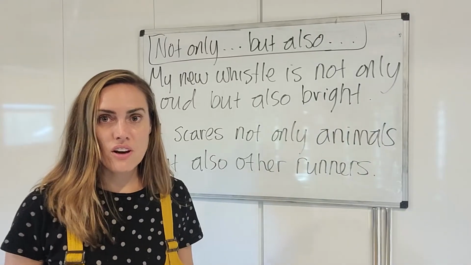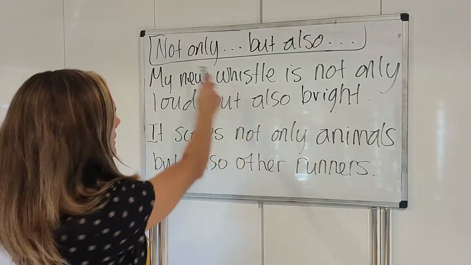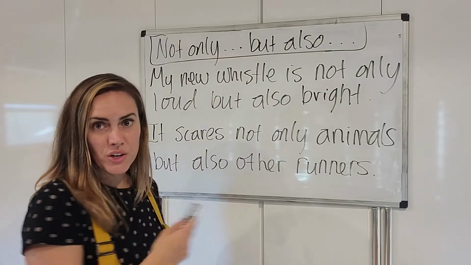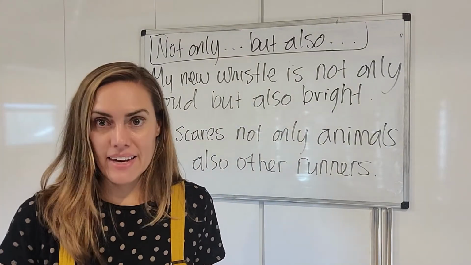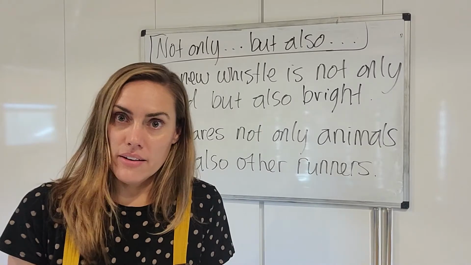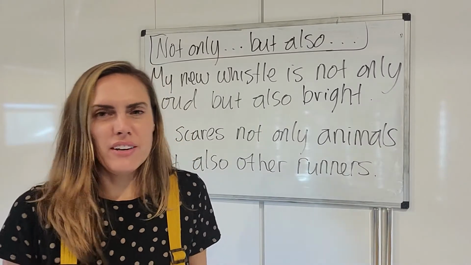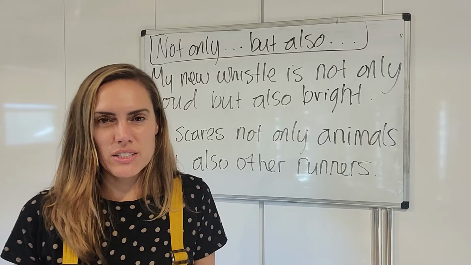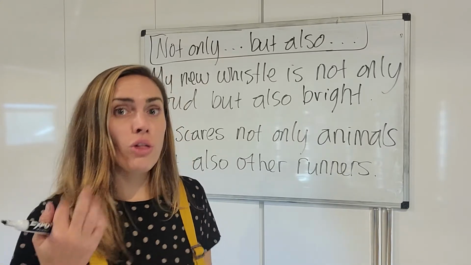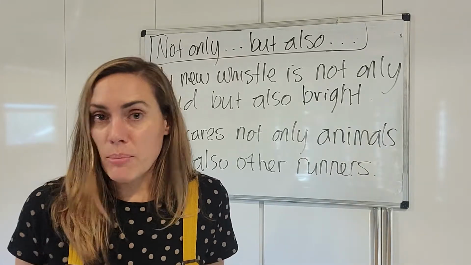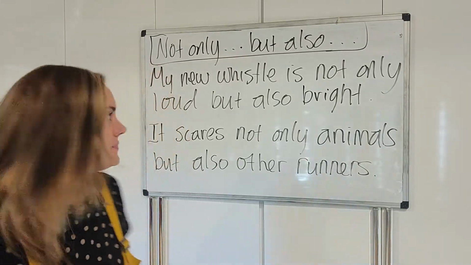How about this one? Do you know how to use "not only but also"? When you use this expression, what you're doing is you're just adding and you're saying "and" in a fancy way or a different way because you don't always want to say "and." Sometimes it's nice to throw in a "not only but also" every once in a while.